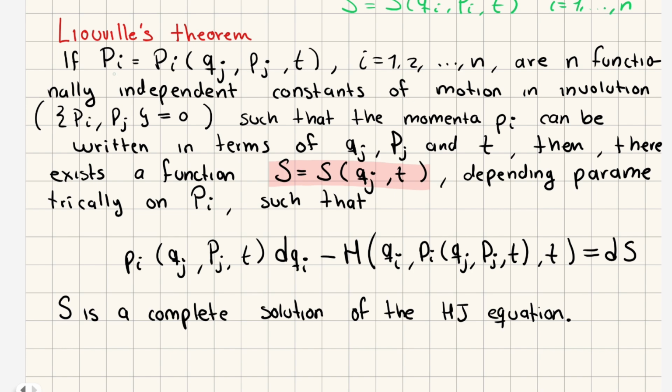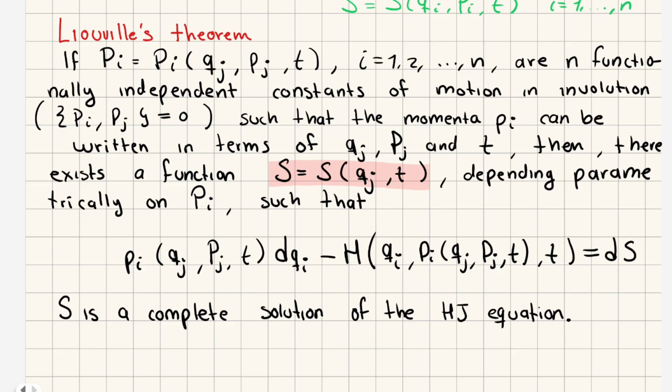It says here that if we have functions P_i of the q's, the little p's, and the time, that are functionally independent constants of motion that are in involution, that means that the Poisson brackets between two arbitrary functions P_i and P_j is equal to 0.